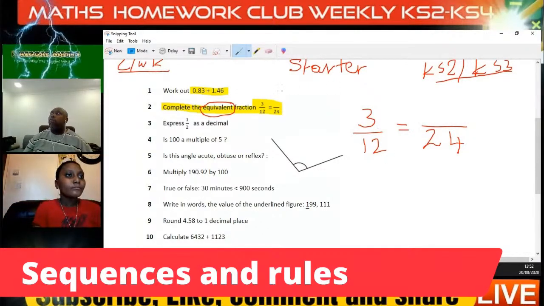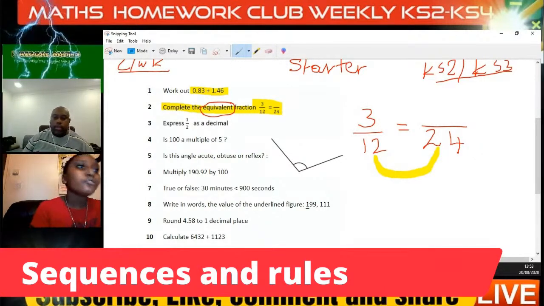Okay, the word equivalent, meaning what do I multiply? What do I need to multiply 12 by to get 24? What number? 2. Right, we need to multiply by 2.